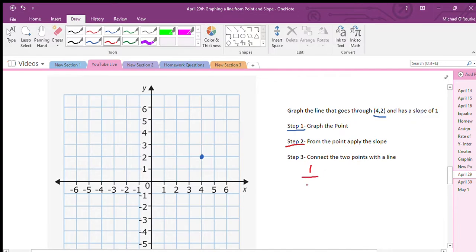So 1 over 1. That means we're going to go up 1 and over 1. So there's our point. And then we are going to draw a line. Good.